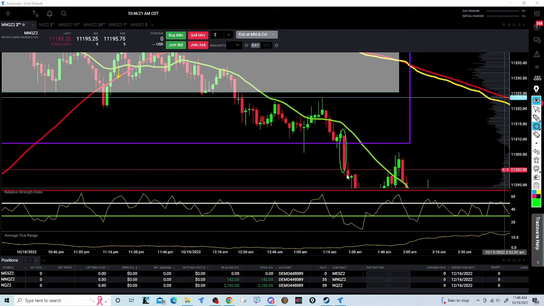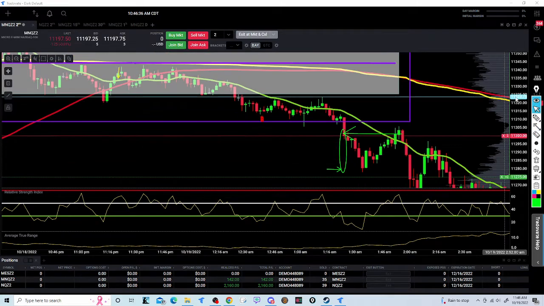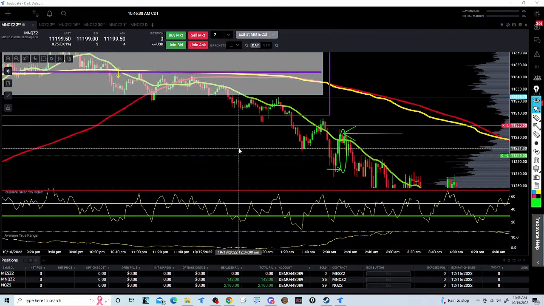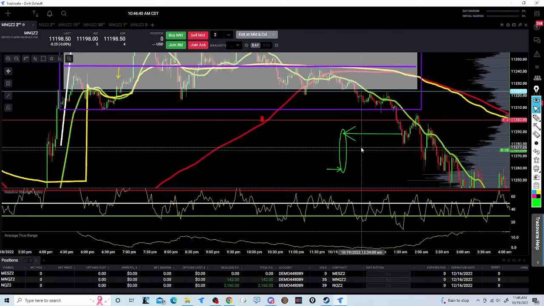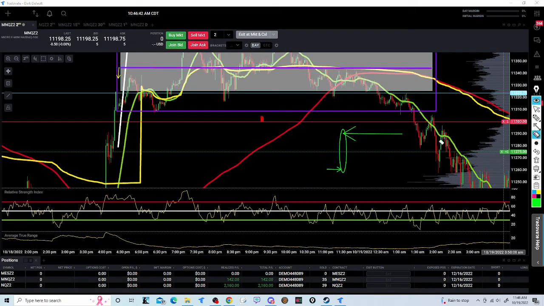You wait for the bar to close. You want to sell the second bar at the close, and you want to put your stop loss above that bar. Now let's look left and see where we should put our take profit. We're looking left, and we're looking at this area right here.